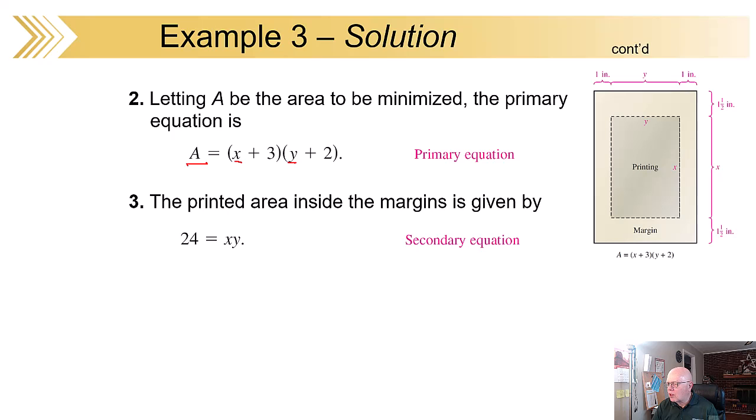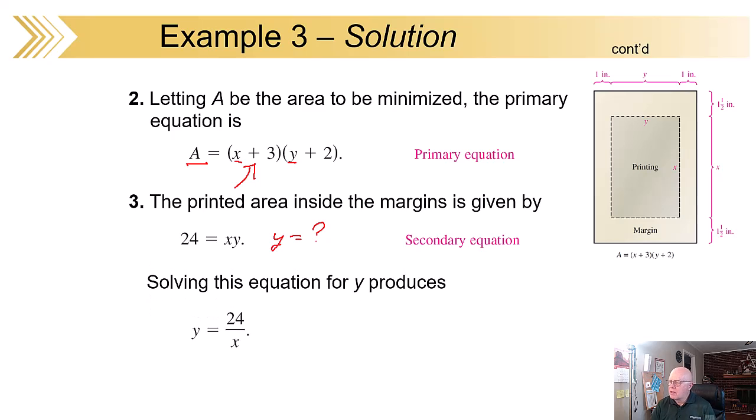Now, if you want this all in X's up here, then we'll solve this one for Y. Solving that for Y, you have Y equals 24 over X. And now you can take this 24 over X, put it in your primary equation, and now your primary equation for A, the area, has only X's in it, no Y's.